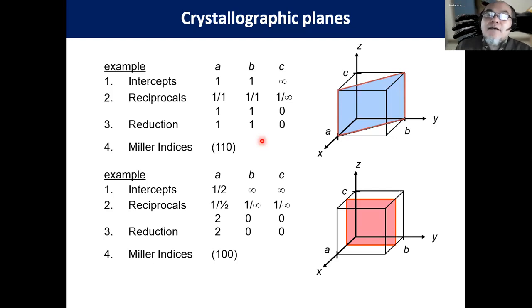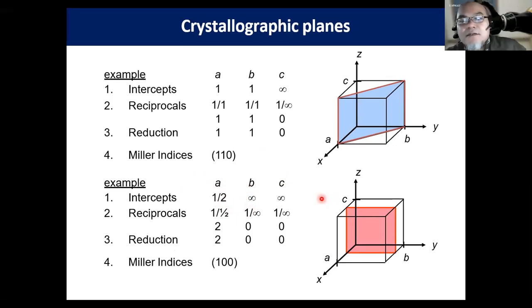At the x-axis, it intercepts at half of a. At b, it intercepts the y-axis at infinity, so we write infinity. The z-axis it also intercepts at infinity. So the intercepts are half, infinity, and infinity.